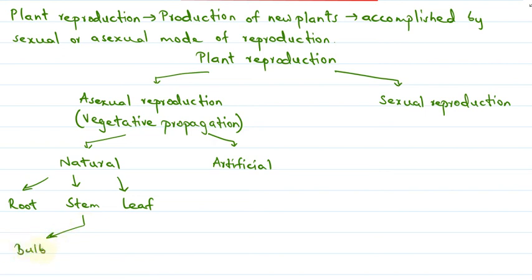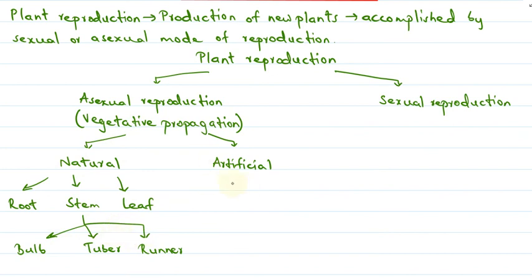It can take place by the help of bulb, or by the help of tuber, or by the help of runner. Now this was about the asexual natural type of reproduction, and this is specifically from stem. There are three types in which reproduction can take place.